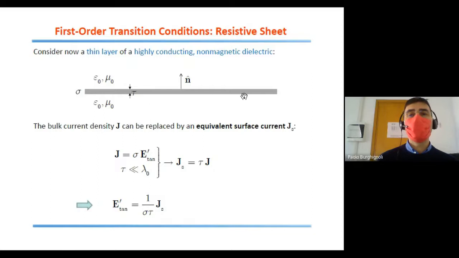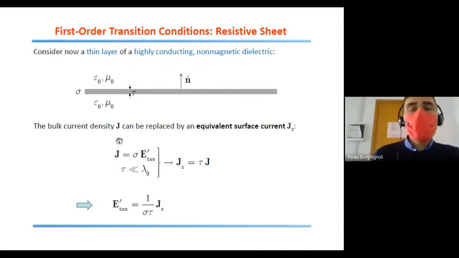So we have a thin sheet, where thin means that this thickness is much less than the free space wavelength, so the wavelength in the medium that surrounds the sheet. Now, in view of this thinness, we can replace the bulk current density, that is amperes per square meter, by an equivalent sheet of surface current density J_S.